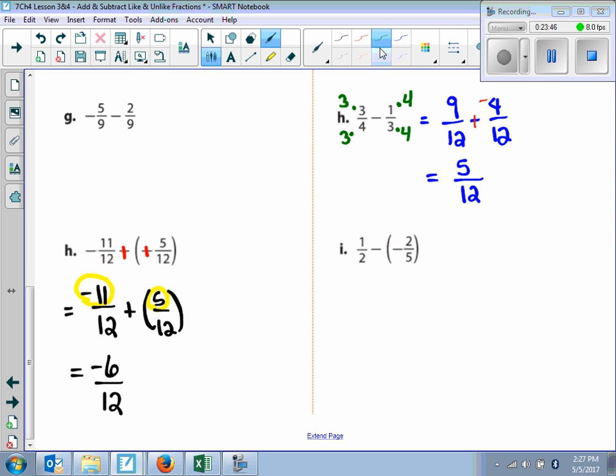And of course 6/12 you can simplify by dividing by 6 in the numerator and the denominator. And that gives you a negative 1/2. Okay?